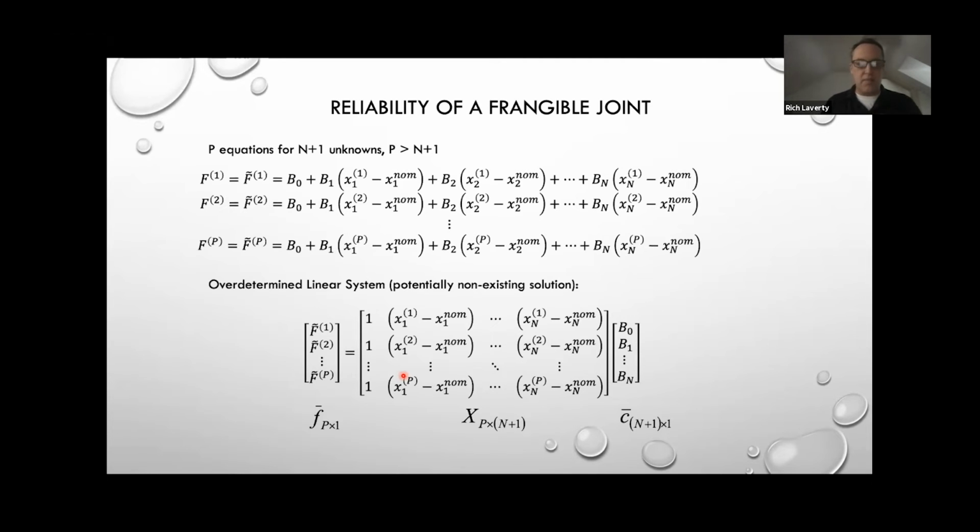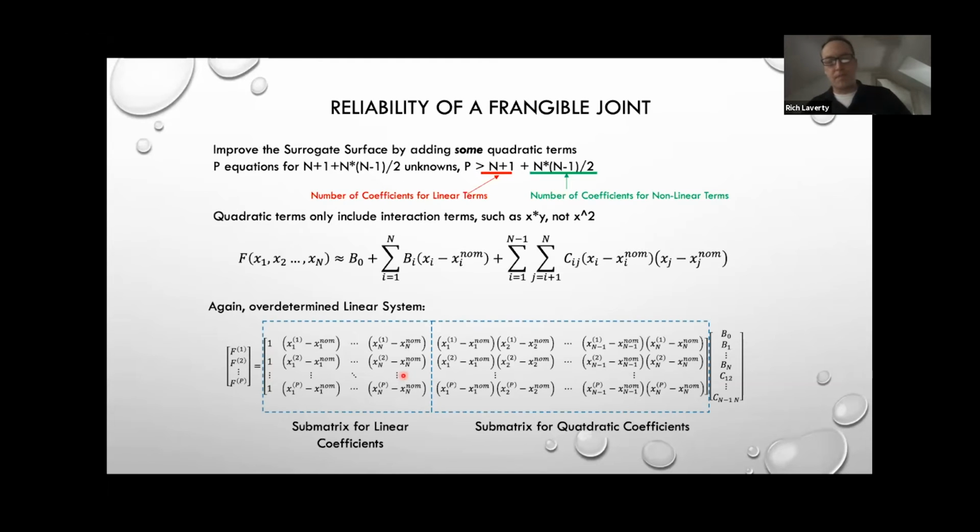So we decided to crank it up a notch, to look at some quadratic terms, to try and get a better function representing what the finite element model would have told us. So we did the quadratic, but we didn't do every quadratic term. So if I had 2 variables, x and y, I would certainly want x times y in my list of quadratic terms, because that represents how 2 variables might work together to either contribute or detract from the performance of the joint.